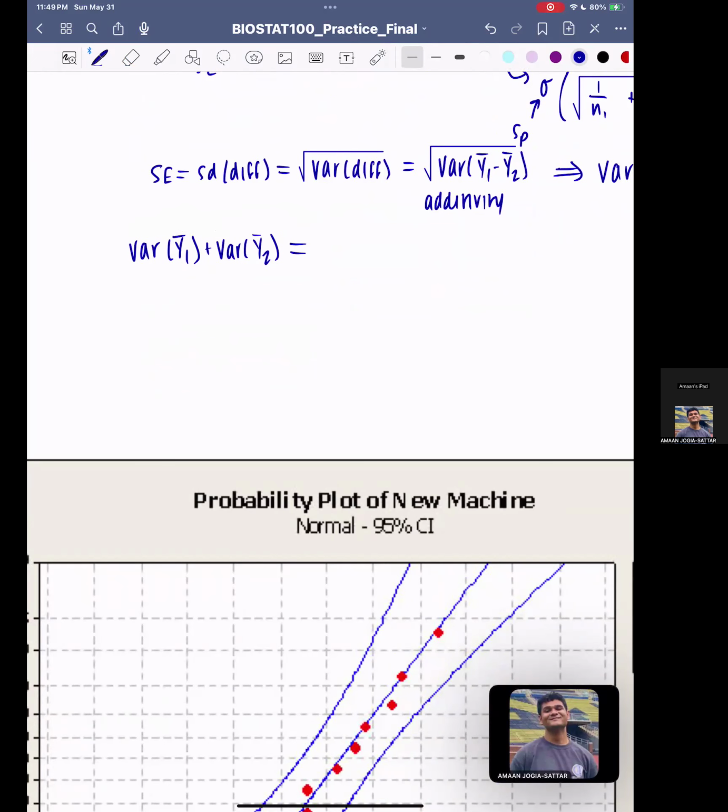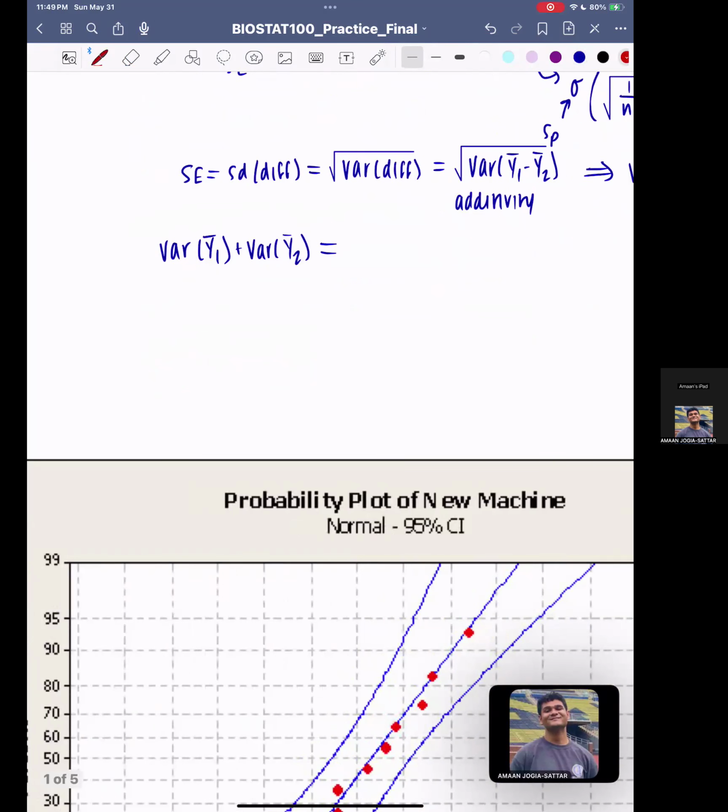And as we know, the variance of a sample mean is always going to be roughly of the form sigma squared over square root of n. And the sigma squared is for y, not y bar. So remember, when we have a variance of a mean, we are taking the variance of the observations and we are dividing it by the square root of the sample size. This should be familiar from our z-test and our t-test.